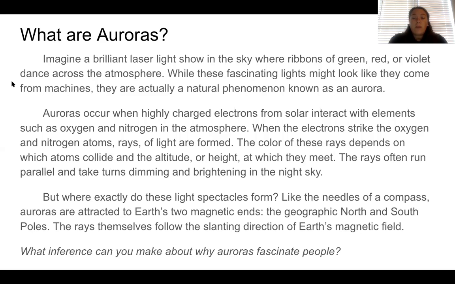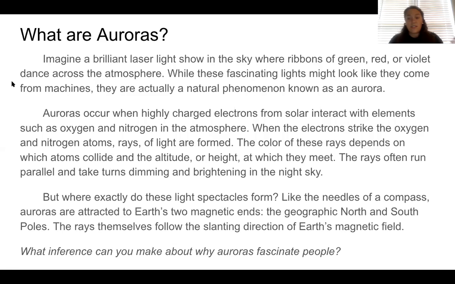The color of these rays depends on which atoms collide and the altitude or height at which they meet. The rays often run parallel and take turns dimming and brightening in the night sky. But where exactly do these light spectacles form? Like the needles of a compass, auroras are attracted to Earth's two magnetic ends, the geographic north and south poles. The rays themselves follow the slanting direction of Earth's magnetic field.